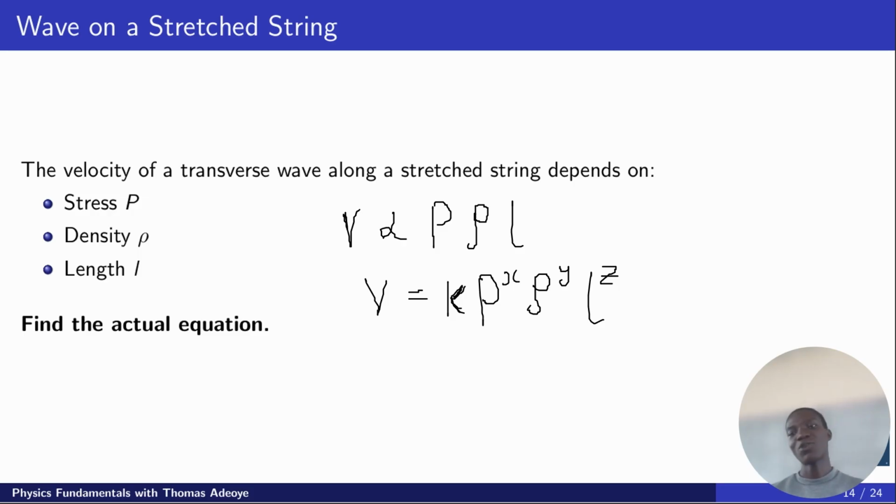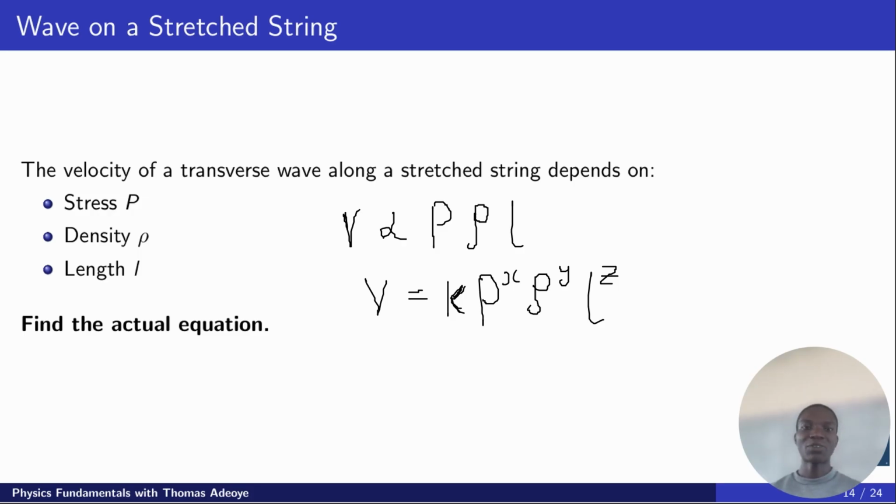And if you have not forgotten, this is one of the applications of dimensional analysis mentioned in the first video, that we can use it to show the exact dependence of one quantity on other quantities. So we want to show how velocity depends on these 3 quantities.